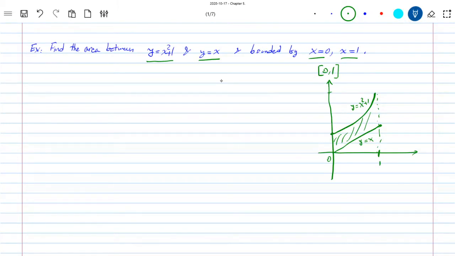Let me erase the y values. So how do we find that? The top function is x squared plus 1. The lower function is x. We want to find the area between, so a would be 0 and b would be 1. It's the integral from 0 to 1 of the top function, x squared plus 1, minus the function below, x, dx.